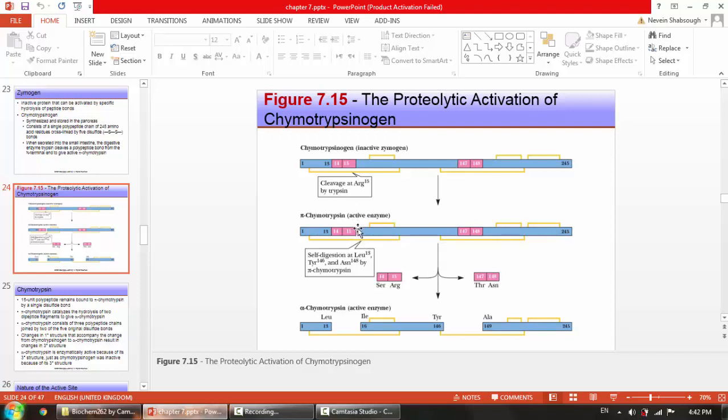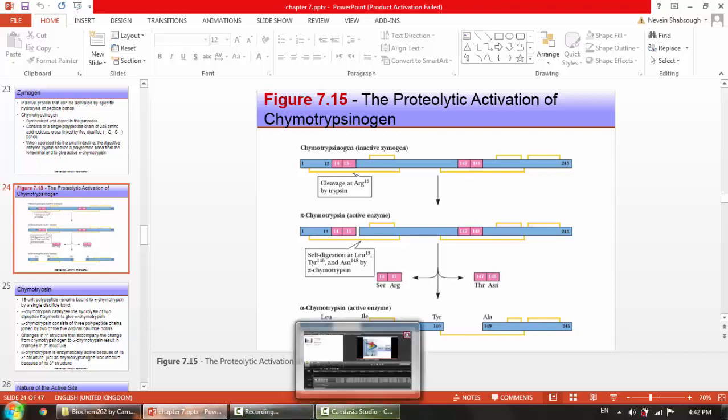This ionic bond is necessary for the active conformation of the enzyme because it is near the active site. Chymotrypsinogen lacks this bond, therefore it does not have the active conformation and cannot bind the substrate. This is the end of the lecture.